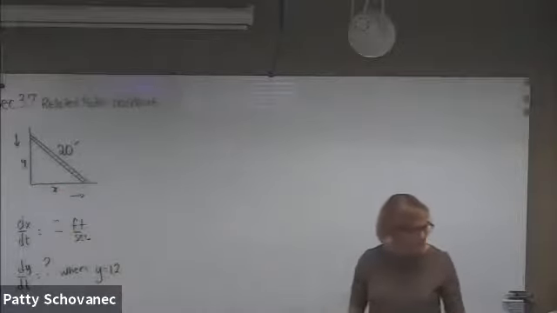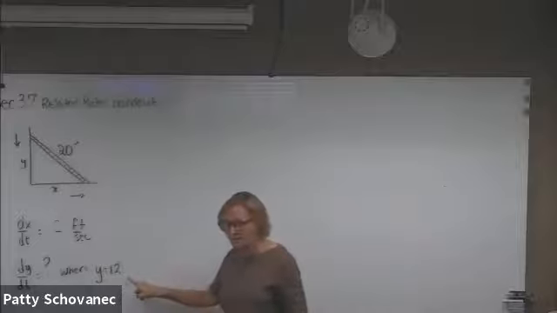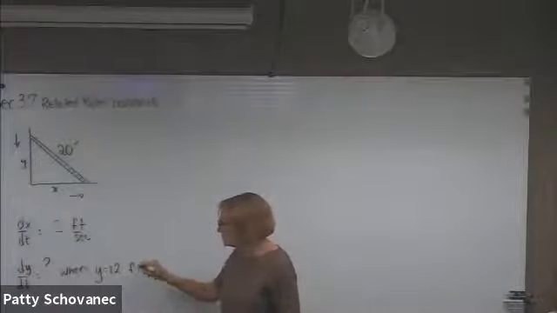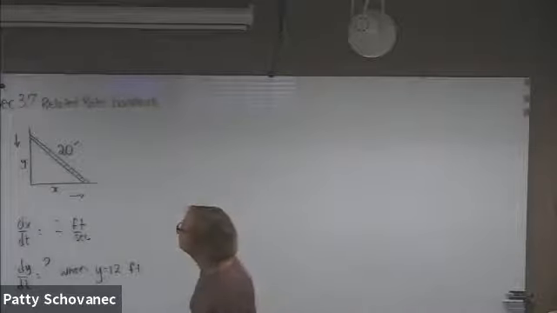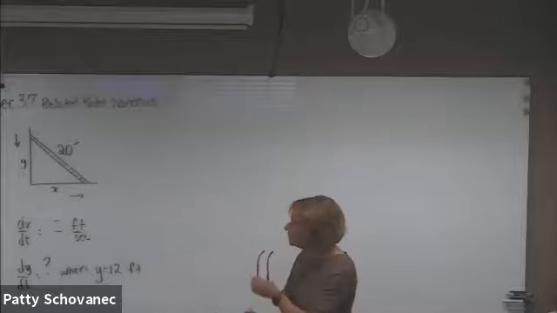So the dy would be 12. No, dy is what we're looking for. y is 12. 12 is feet. So that's not a feet per whatever. That's just feet. That's a particular measurement. Okay. So there's our problem. We're looking for dy/dt, given those other pieces of information.